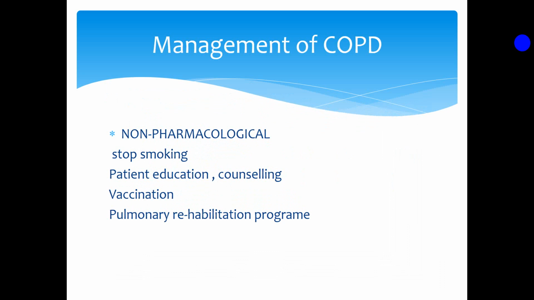What is the management of chronic obstructive pulmonary disease? If you find a patient with chronic obstructive pulmonary disease with or without fibrosis, but there is an element of obstructive pattern, you would say non-pharmacological.